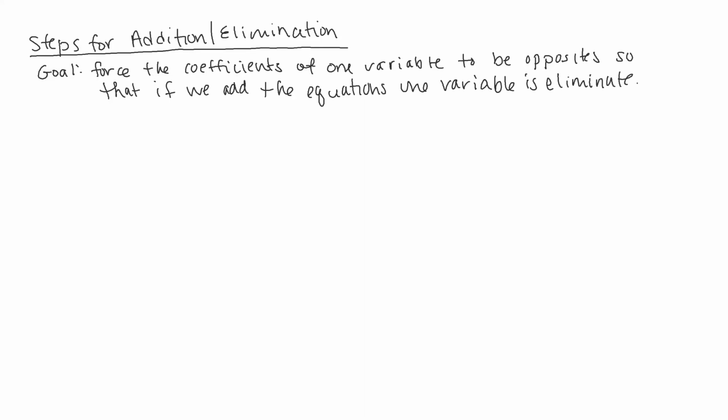So again, our goal is to manipulate these equations so that if you add the two equations, one variable gets eliminated. And the way we do that is we force the coefficients of one variable to be opposites, okay?